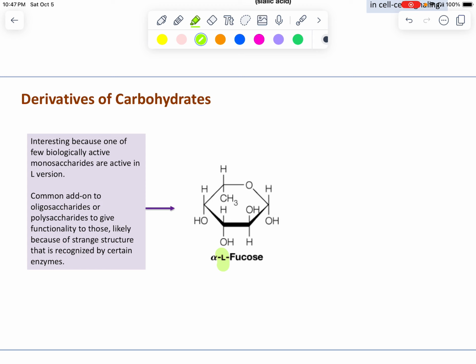We said that normally the D version is the biologically active, but in this case, the biologically active one is the L version. And what we end up seeing is that this is a common piece that gets added on to oligosaccharides or polysaccharides to give functionality to those. And it's likely because there are some enzymes that recognize this L version. So that helps with their specificity. Anyway, you get the idea.